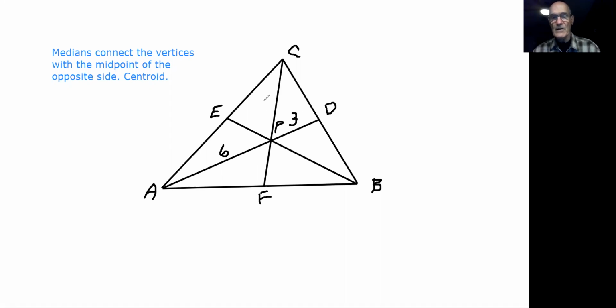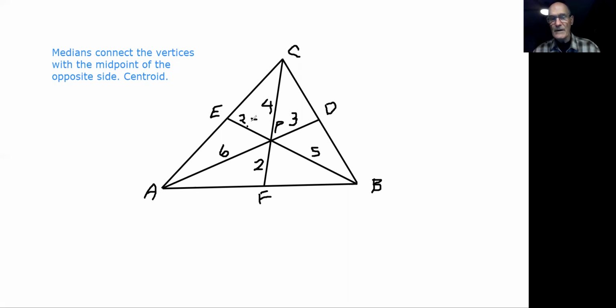If this one right here were 4, that's the long part from C to P, so from P to F would be half of that, which is 2. And if we come across here, let's say this one looks to be about 5. So if this is 5, then EP would be 2.5.